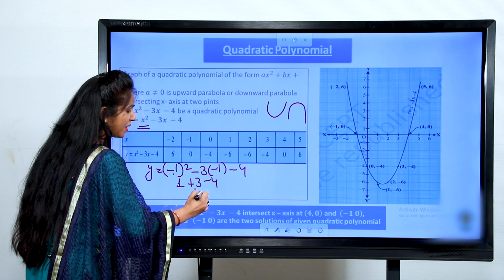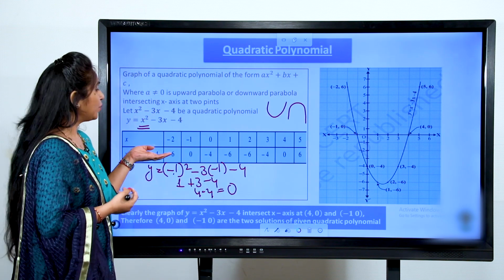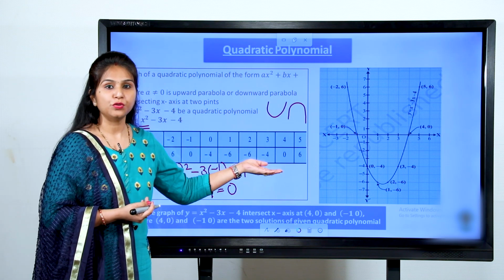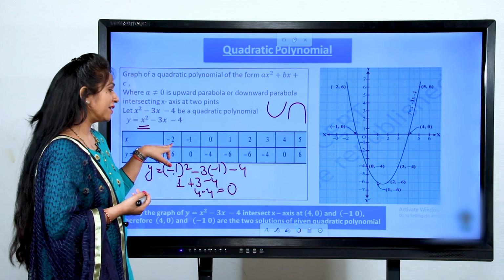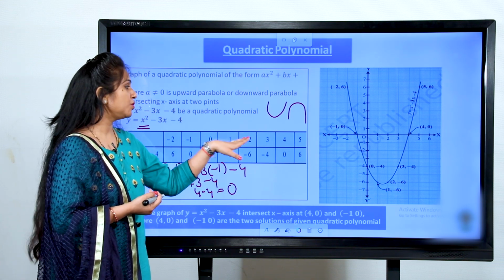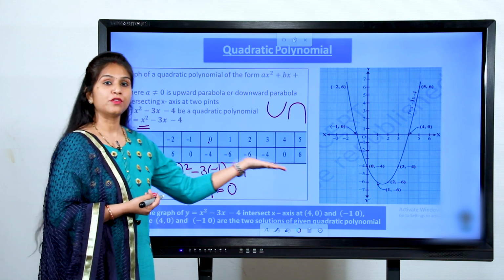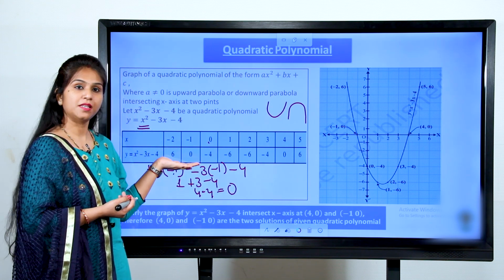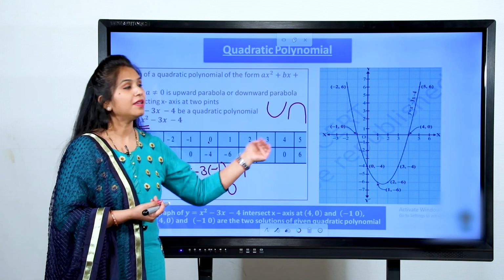So we have 4 - 4, that is equal to 0. In this way you can find n number of solutions for this equation. Here we have put x = -2, -1, 0, 1, 2, 3, 4, and so on, and we got the values for y: 6, 0, -4, -6, -6, -4, 0 and 6.